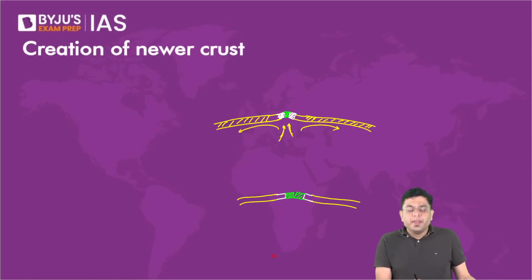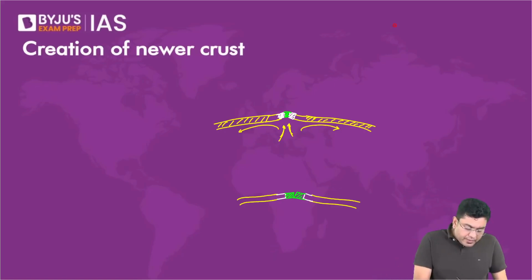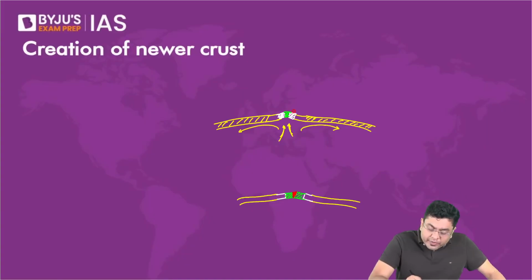Then again after that, fresh eruption will take place, and again newer crust will get created. So like this, what do you observe? The crust which was created here has been pushed to the side, and the crust which has been created here has again been pushed to the side.